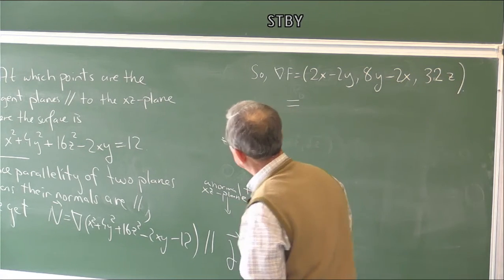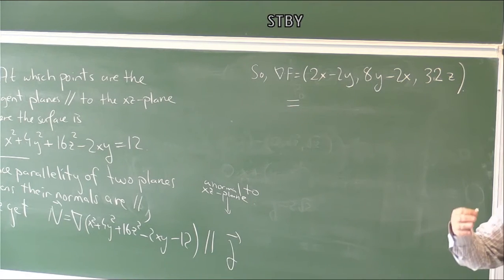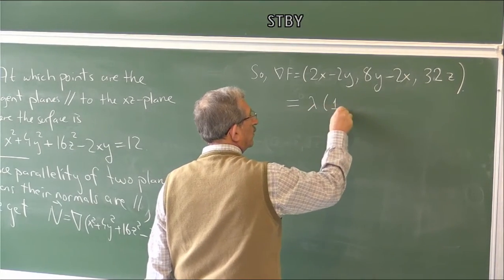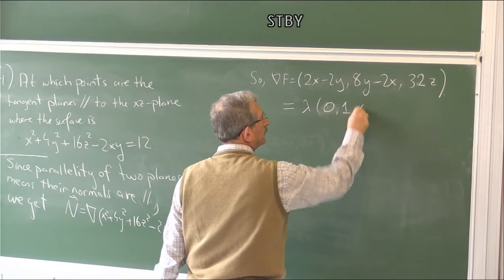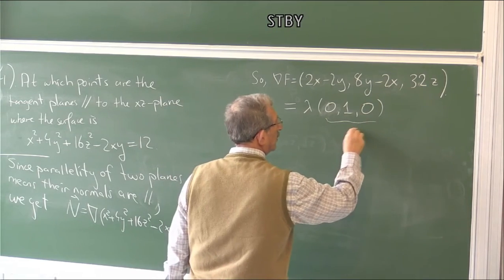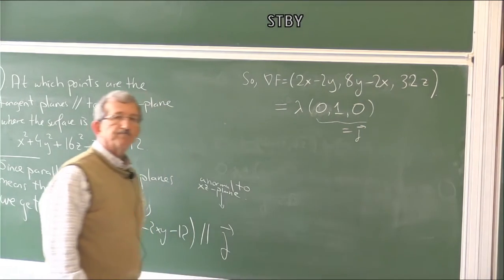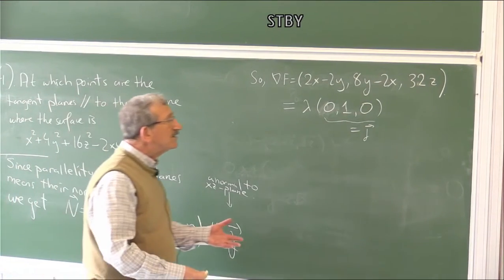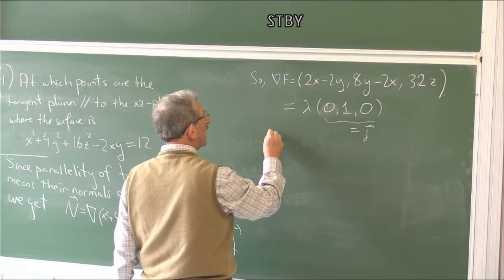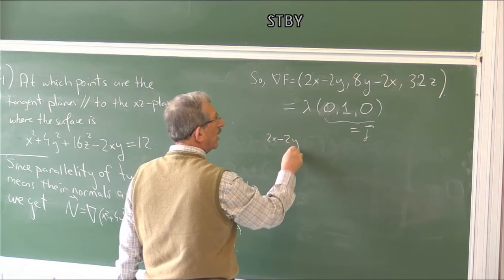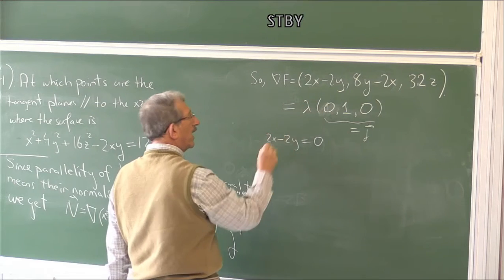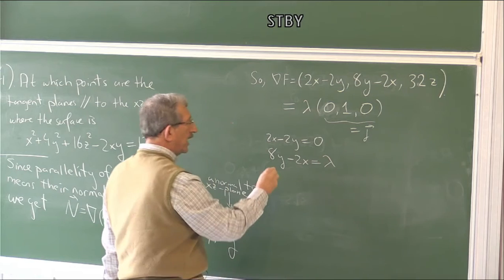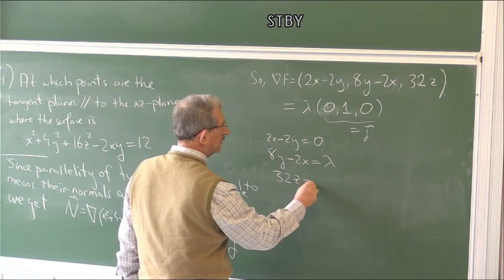Now, this is parallel to the vector j, which happens to be 0, 1, 0. Now, this, of course, is a vector equation, but it tells us three things. It tells us that 2x minus 2y would be 0, and 8y minus 2x would be lambda, and 32z would be 0.